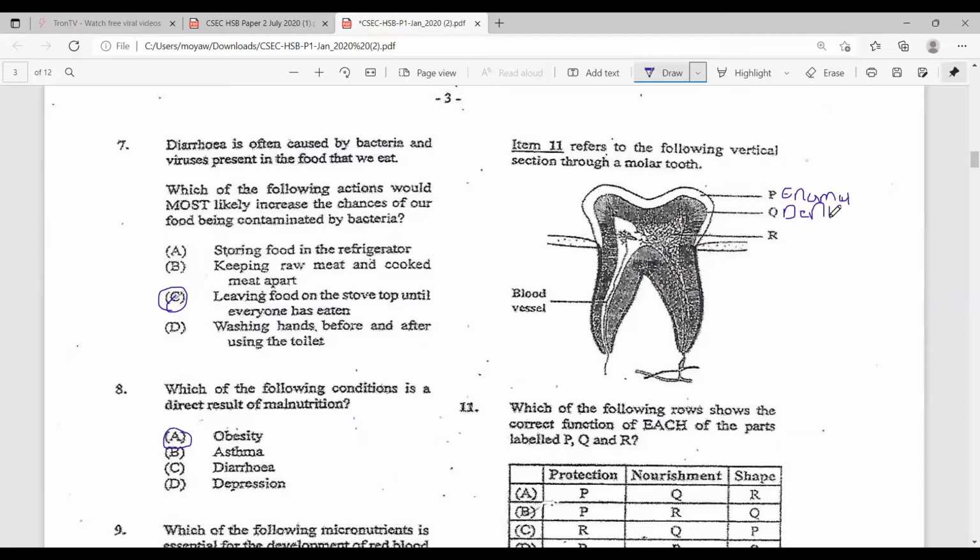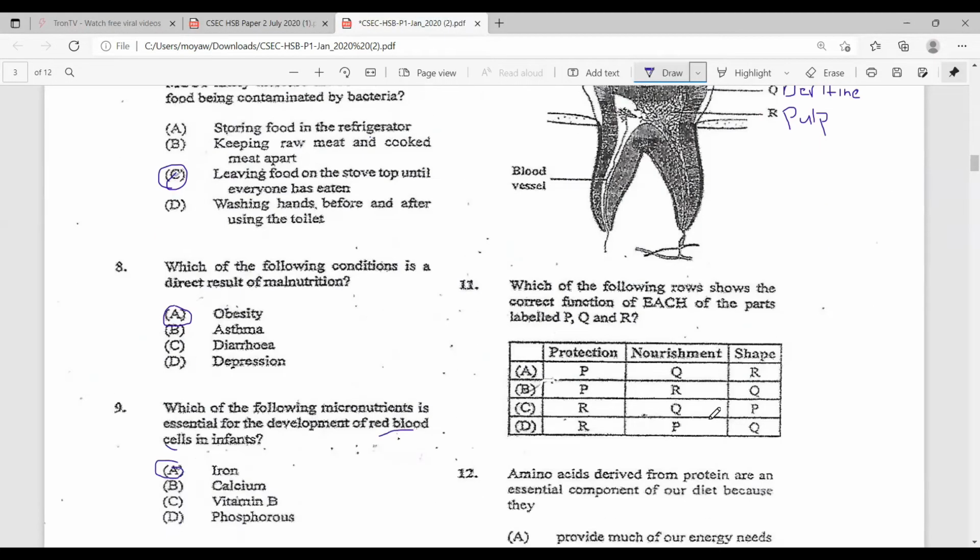And then R is going to be the pulp cavity. So I'm going to put pulp and you just do the rest.